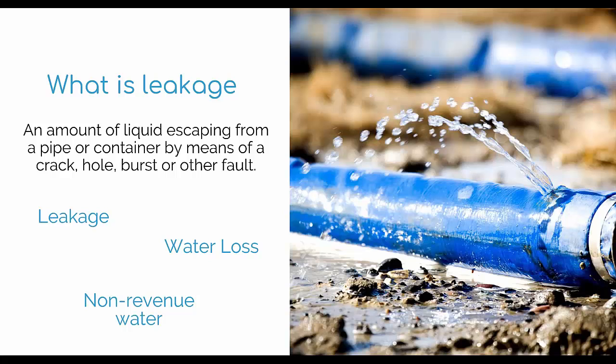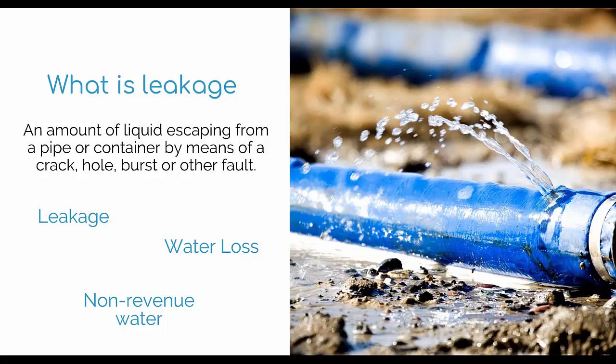So to start with, I just wanted to bring it back to what we mean by leakage. So we are looking at any water escaping from the pipe and from the system. And while we often think of leakage as a small hole with water loss over a longer period of time, we are really looking at any amount of water that does not reach customers and that water utilities therefore do not receive payment for.